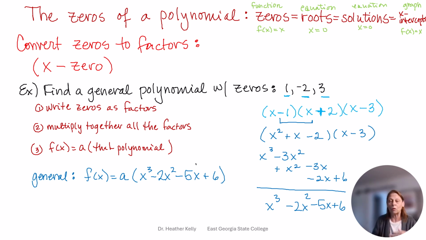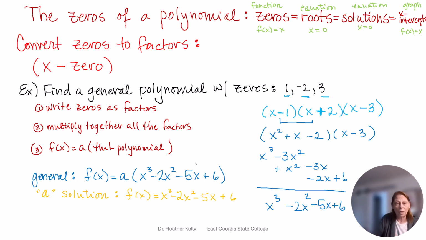So this is the general form, but if asked, and I believe your homework asked for a single solution, one of the solutions is most definitely f of x is equal to x cubed minus 2x squared minus 5x plus 6.